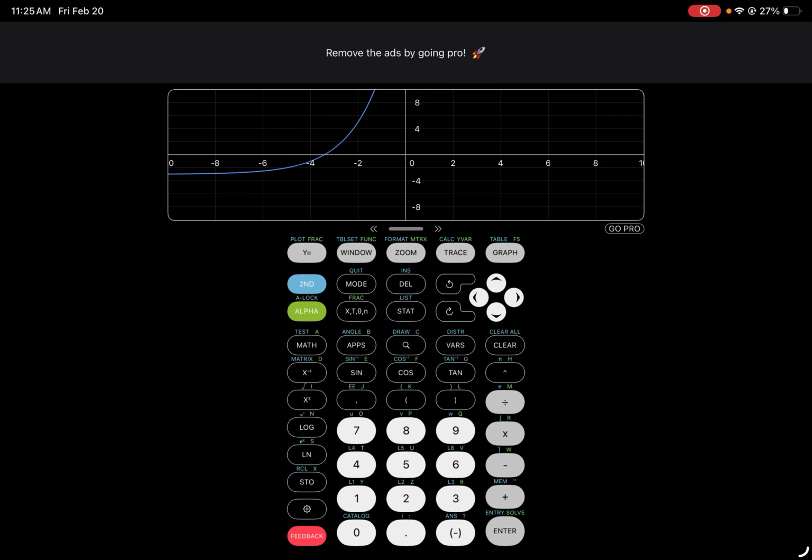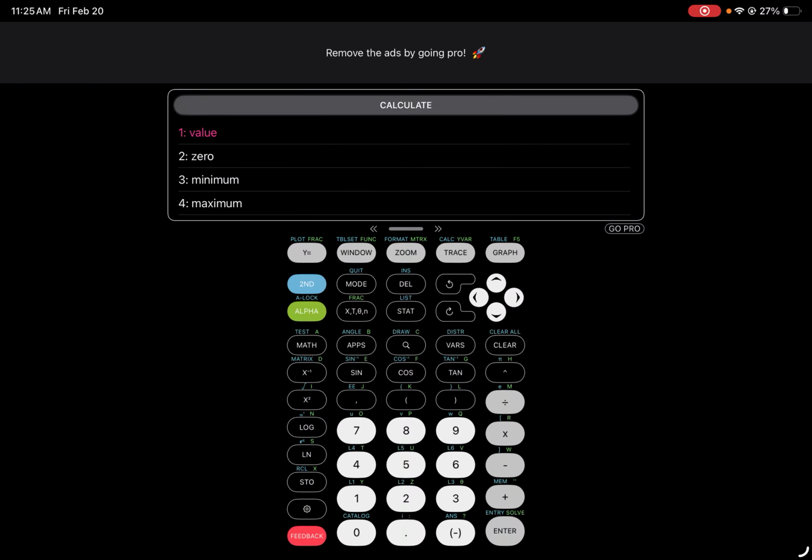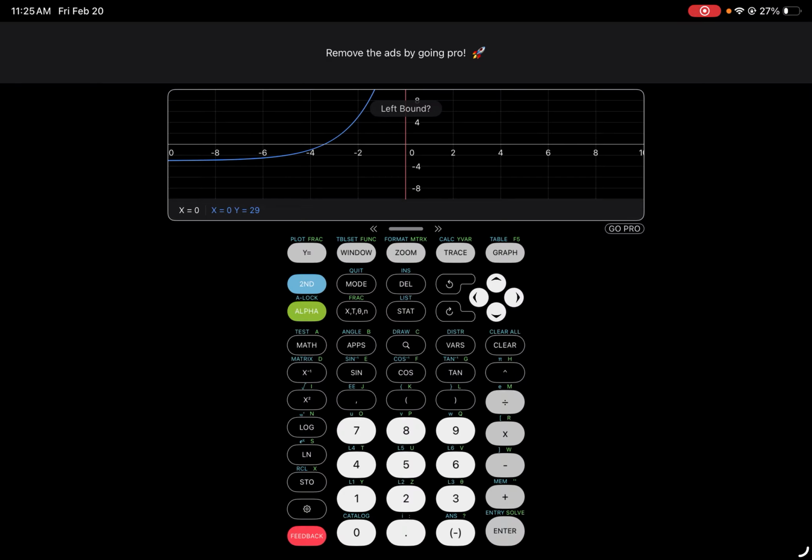Now you're going to use the calculation function, by pressing second, which is the blue button, trace. And then option number 2, you're going to calculate the zero. You do have to bound this, so you're going to use your left and right arrow keys to pick a point that is to the left of where the x-intercept is. And you want to get pretty close.